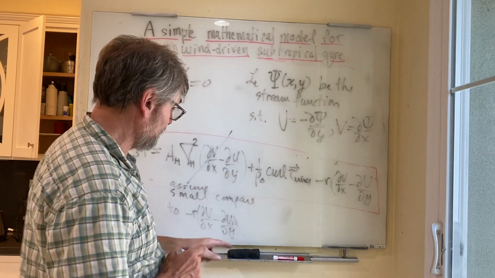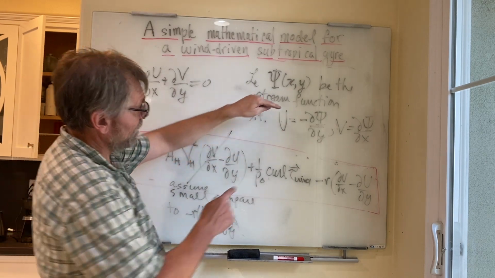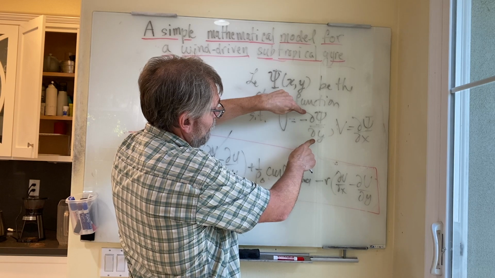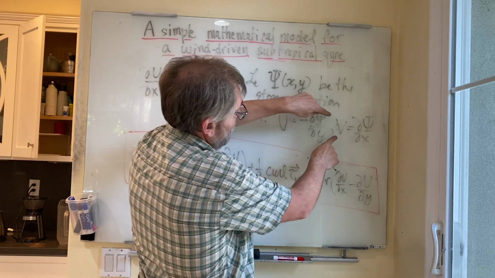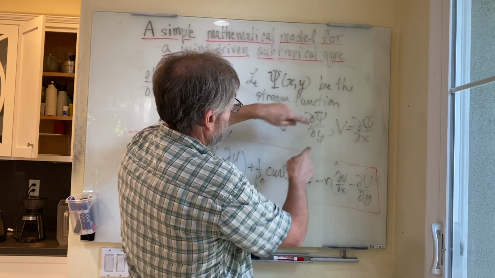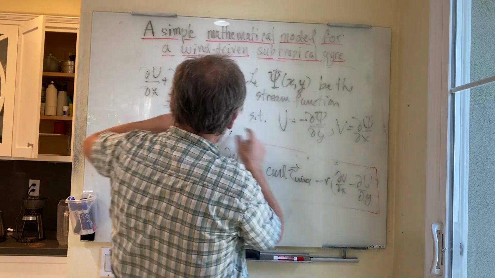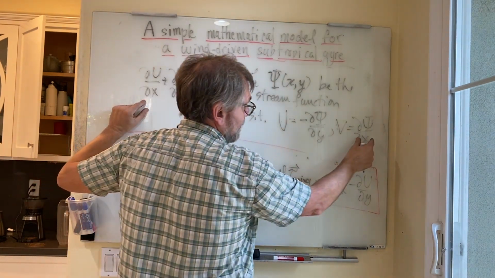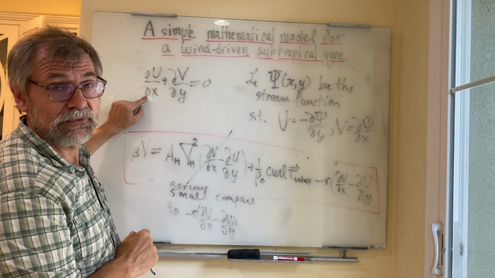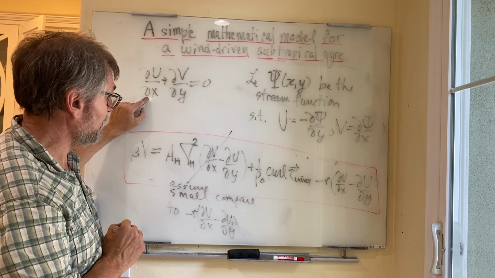And you can see now that if I compute du/dx plus dv/dy, I'll get the second mixed partial of psi with respect to y and x, and the two terms cancel, so that when I stick it in here, this flow field defined this way automatically satisfies the fact that the flow is horizontally non-divergent.